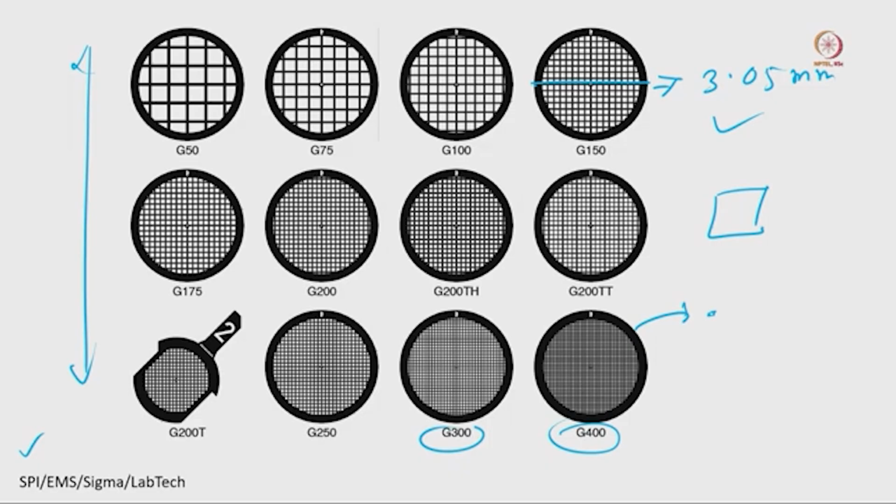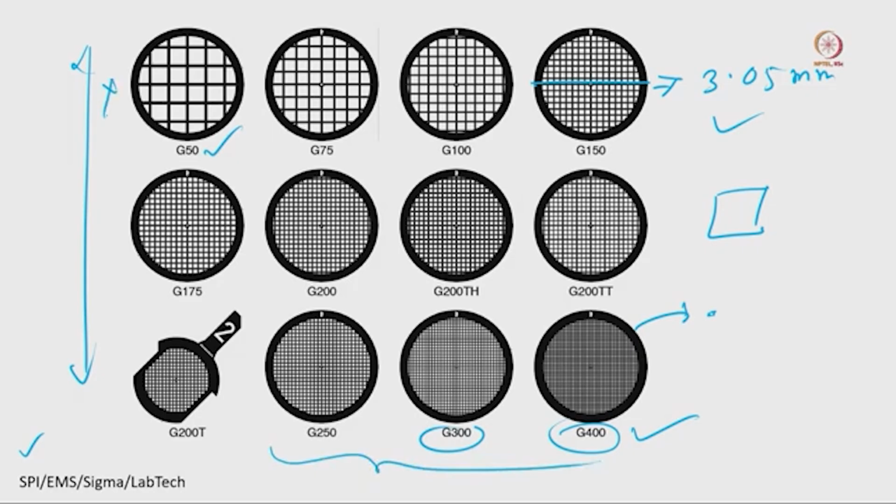So, that will vary with what kind of grid you want, whether you want only a 50 mesh grid or a 400 mesh grid. Generally for biological science sample purposes we use 200 mesh, 300 mesh, 400 mesh grids.